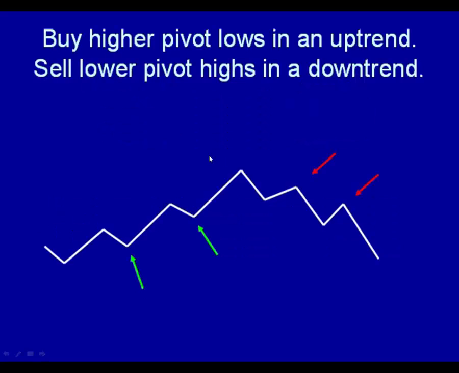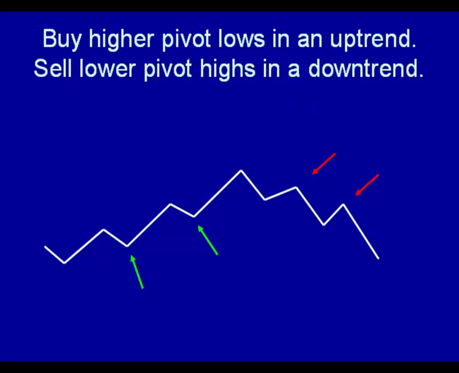Okay. So simply, we want to buy higher pivot lows in an uptrend, sell lower pivot highs in a downtrend. I talk about this on a day-to-day basis, so it should be no surprise to anyone. We don't want to fade uptrends. We don't want to fade downtrends. We want to wait for the retracements and get on.